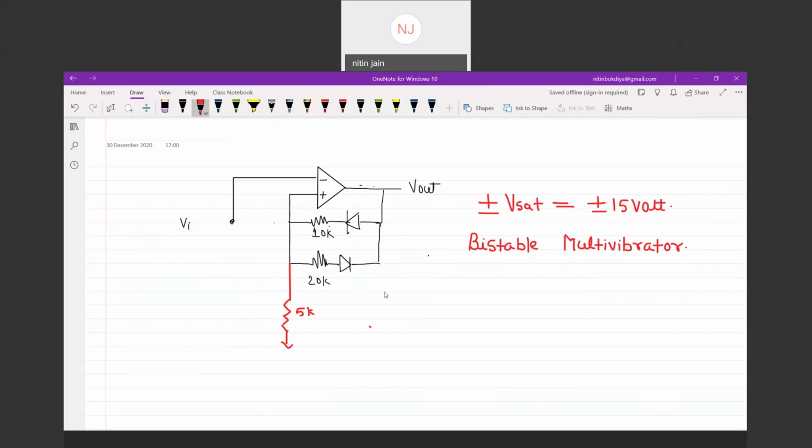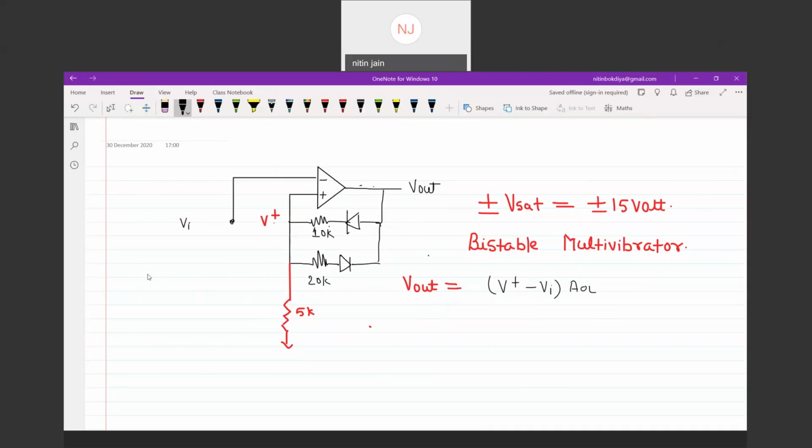I can say the output V out of this op-amp is given by V plus. Let's say this voltage is V plus. So the output of this op-amp is given by V plus minus Vi, into A OL. And we are interested in the transfer characteristics of this op-amp.